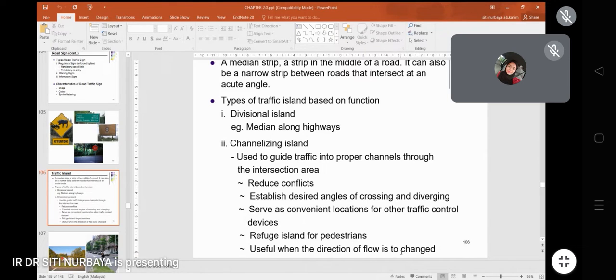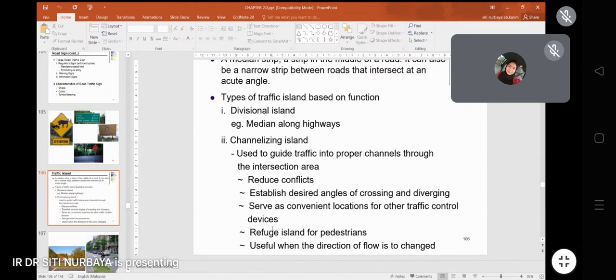Maknanya channelization here can be treated as separator. Separator maknanya dia mengasingkan dua direction, dua aliran trafik yang mempunyai dua arah yang berbeza. So itu tujuan channelizing island yang bertindak sebagai separator.